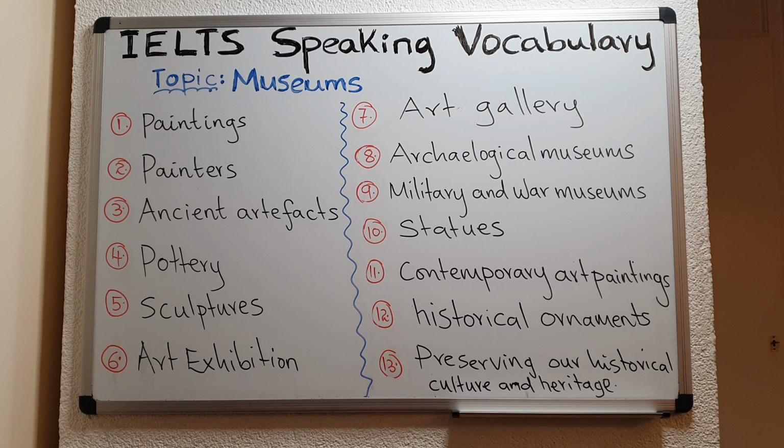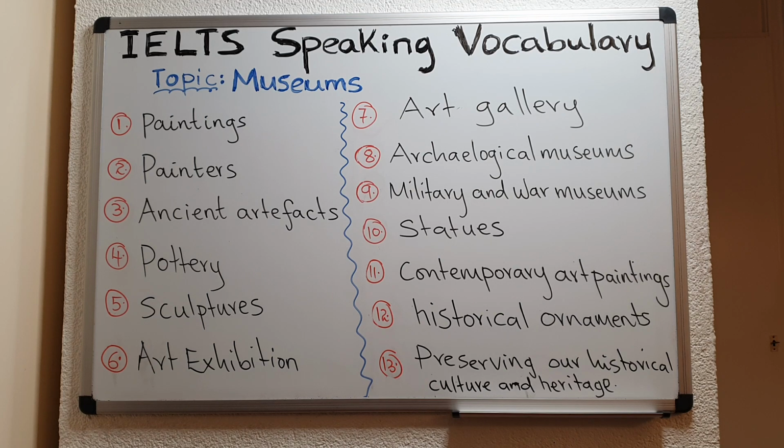Now, the final word is preserving our historical culture and heritage. And I put that word there because when we're talking about museums, the reason why we have museums is to preserve our historical culture and heritage. To preserve here means to ensure that we do not lose our historical past and heritage.